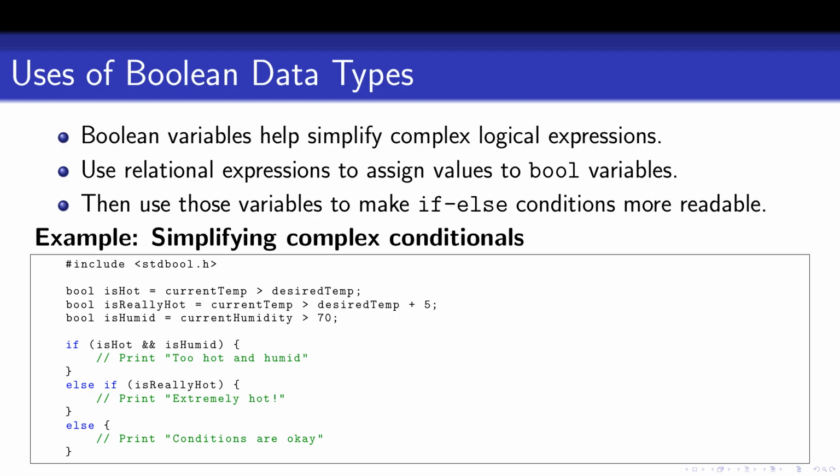Assigning each test to a clearly named Boolean variable, like is_hot or is_humid, improves both readability and maintainability. It also allows for debugging by printing intermediate values or adjusting logic more easily. Using Booleans this way is especially powerful in longer programs where conditions are reused in multiple places. It helps make your logic modular and your code more expressive without adding unnecessary complexity.